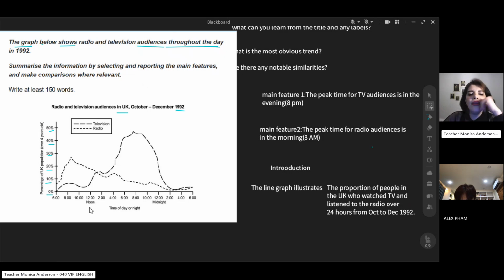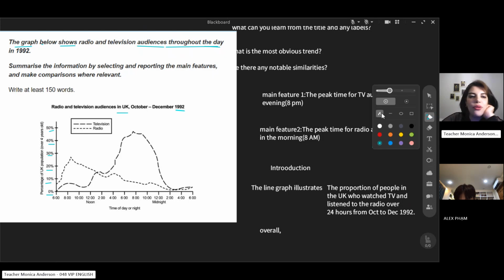So let's see how to write it. We normally begin our overview with overall. Of course, there are different words that I will teach you one by one, but here I want to choose overall. Let's have a look at my main features, main feature 1, main feature 2. How to write these two main features?